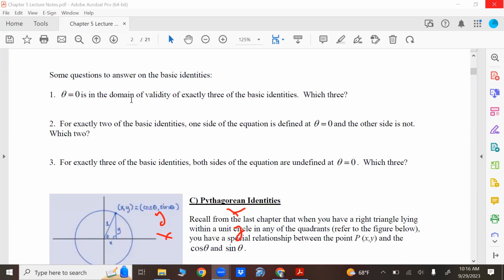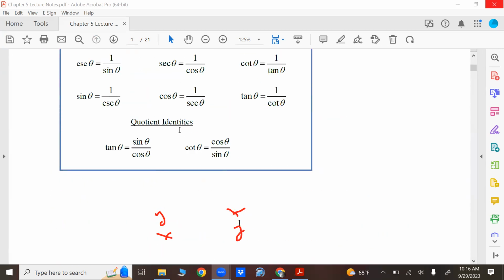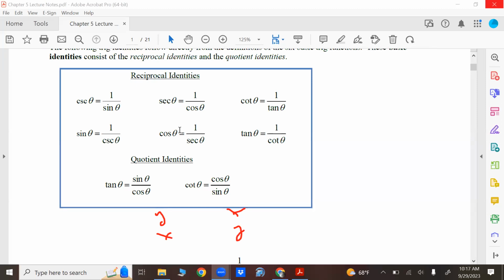Some questions and answers on the basic identities. Theta equals 0 is in the domain of validity of exactly 3 of the basic identities. So 0 can't be valid for 3 of them, right? So for which 3 can theta not be 0? Definitely cosecant, right? 0 has to get excluded from cosecant because sine of 0 is 0, and we can't divide by 0. It's also excluded for cotangent. I think that's it.